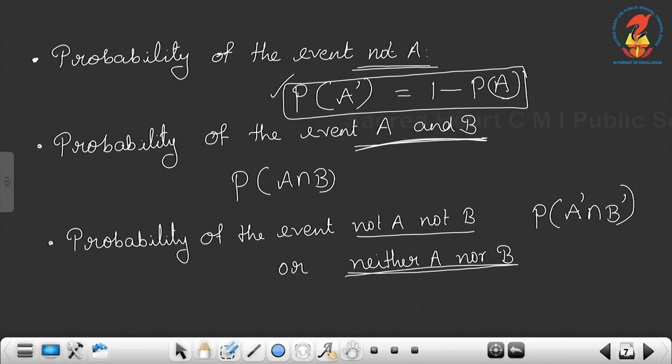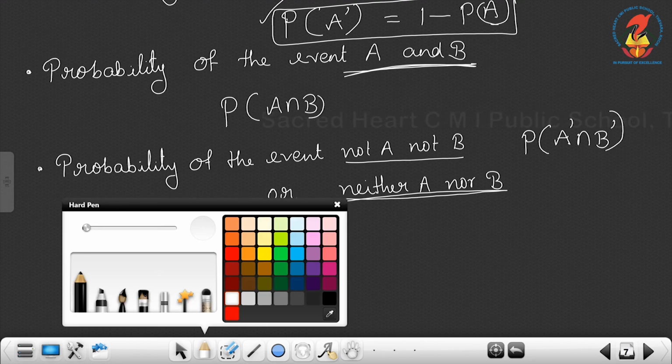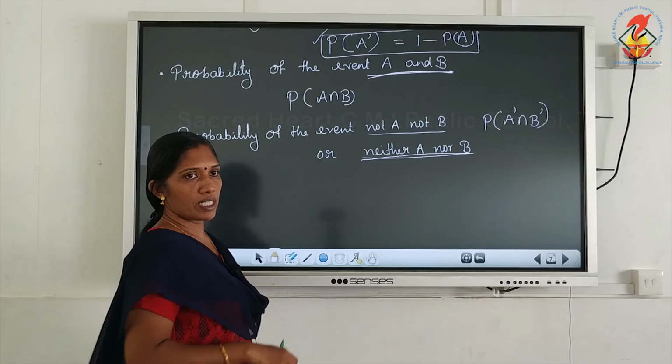Then how do we find that? For that we use De Morgan's law, which is in the first chapter.